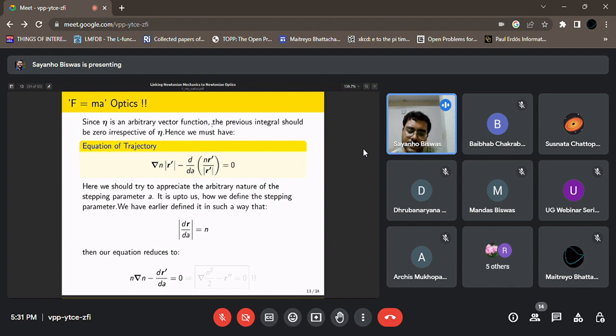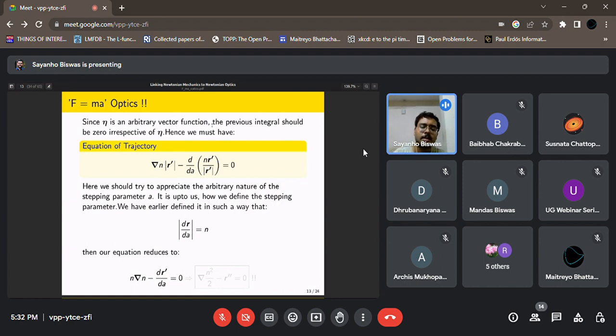Therefore, these n's cancel out. If the refractive indices cancel out from the numerator and denominator, then we are left with d/dA of R prime. d/dA of R prime is nothing but R double prime, because this prime notation is what we write for denoting a derivative with respect to A. This is what I've said earlier.